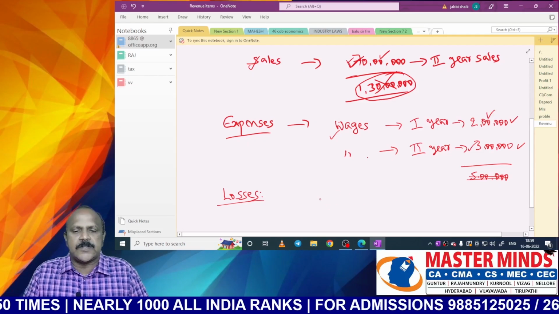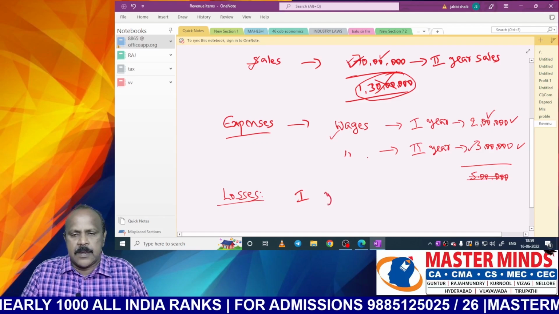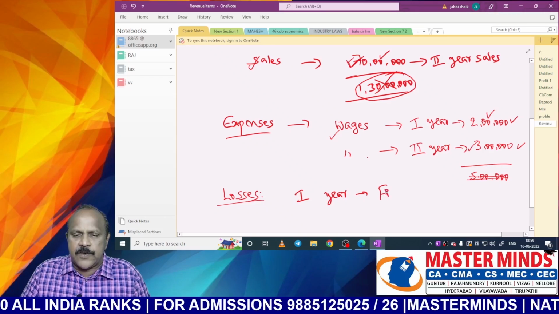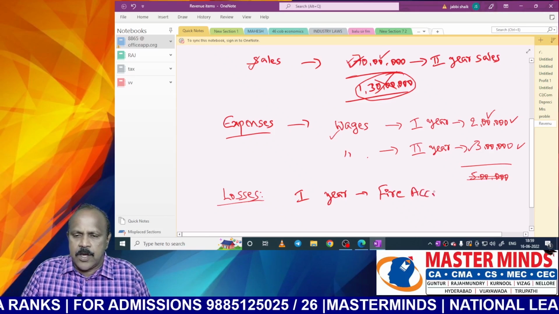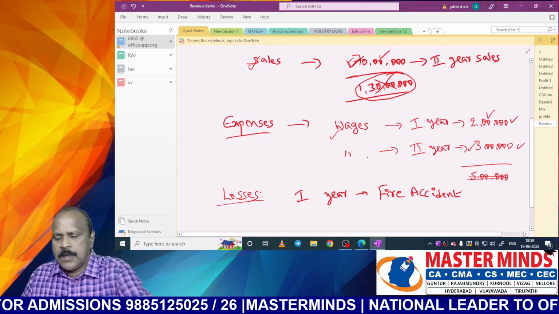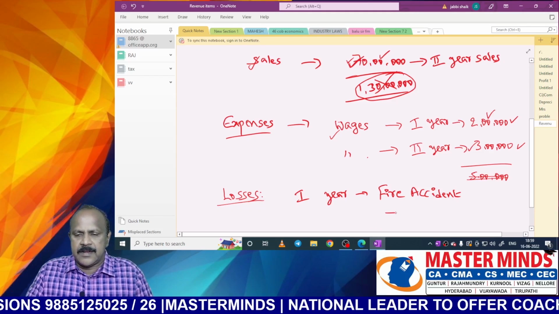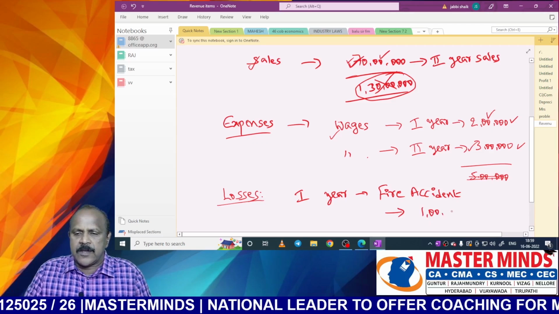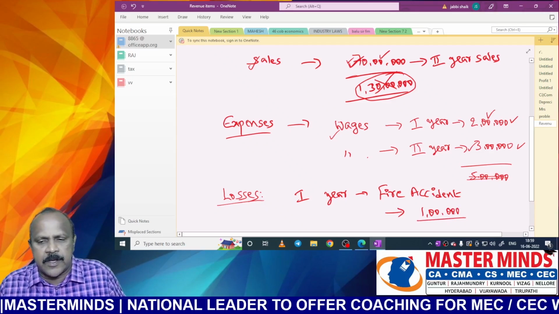Let us suppose there occurs a fire accident during the first year, a fire accident in our godown, and stock worth rupees 1 lakh is lost by fire.